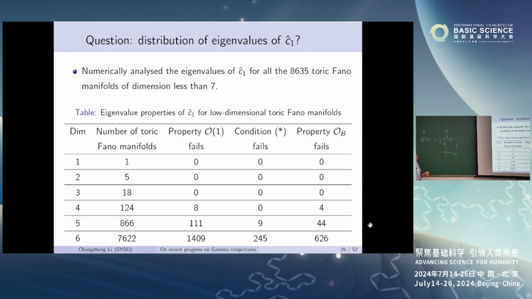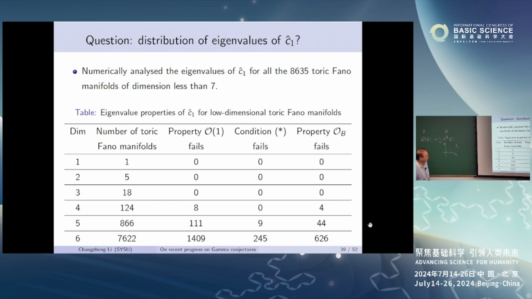Then we can verify it in the case of Q equal to 1 for the original Conjecture O. Here we just verify the first part. For toric Fano manifolds up to dimension 3, everything holds. For dimension 4, the special radius condition could become false, but it always has a simple rightmost eigenvalue. Property O' just means we add one more condition: we need to assume the simple rightmost eigenvalue and also the conifold point condition.